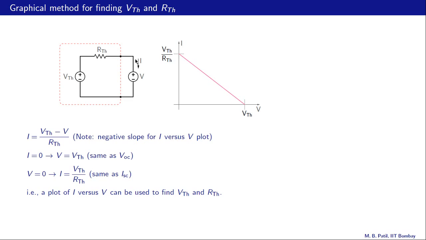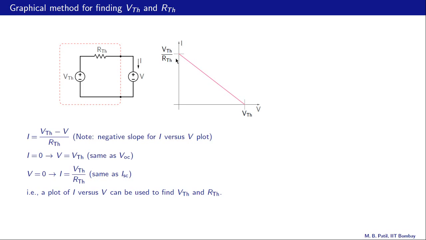That means it is the current that would flow if we connect these two nodes by a wire, just a short circuit. Alright. So now from a plot like this, we immediately find VTH as the intercept on the V axis, and ISC, which is equal to VTH by RTH, as the intercept on the I axis.